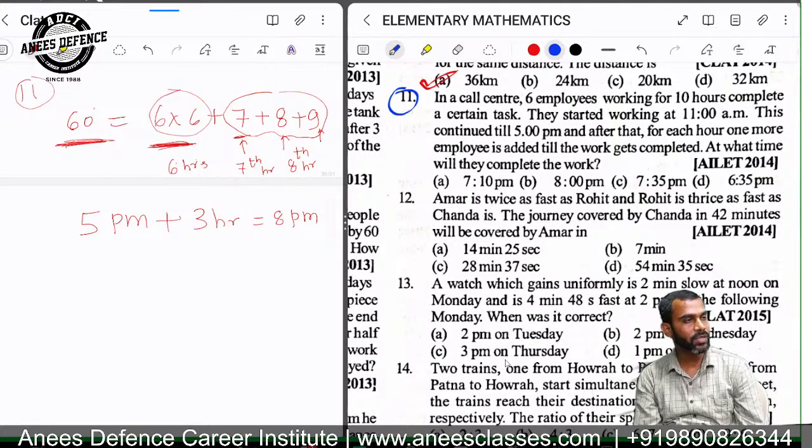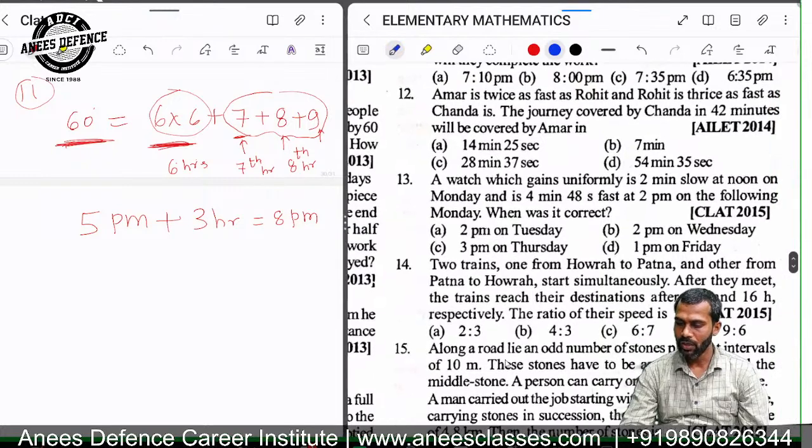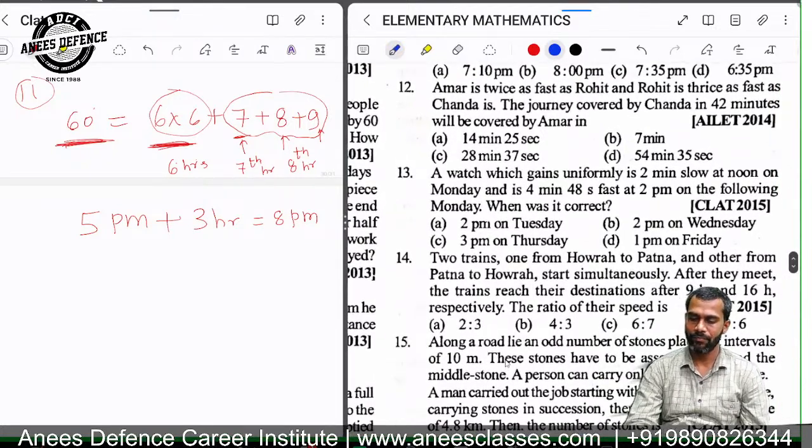So 7 plus 8 plus 9 becomes 24. So 3 more hours will be needed. From 5 p.m. plus 3 hours, it becomes 8 p.m. Option B. Purva, have you understood now? Yes, sir. Please try question number 12.